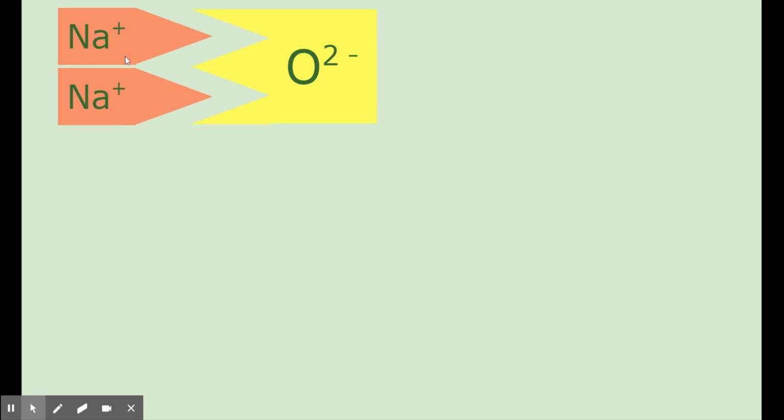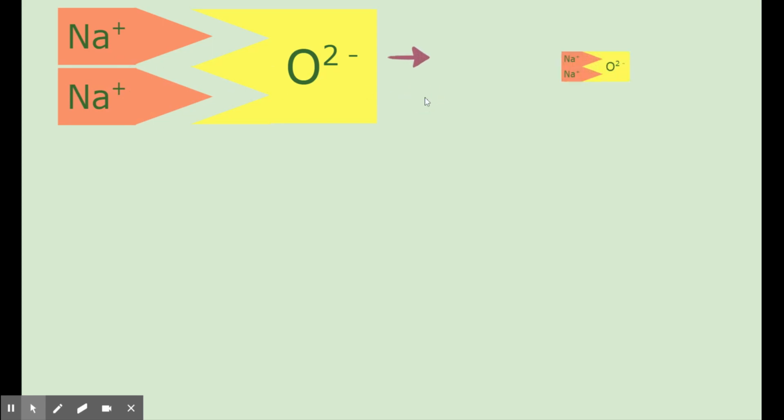For another example, this time is a little bit different. Sodium ion has a positive 1 charge, but oxide ion has a 2 negative charge. Even if we have a 1-to-1 ratio, the charges are not balanced. So this time sodium ion will try to find a friend, another sodium ion.